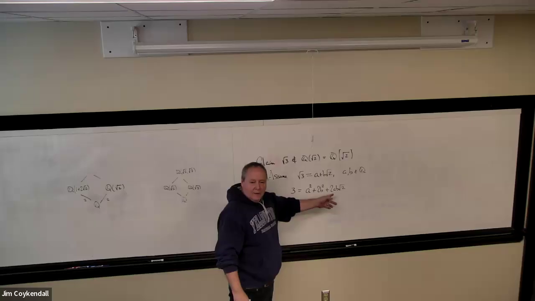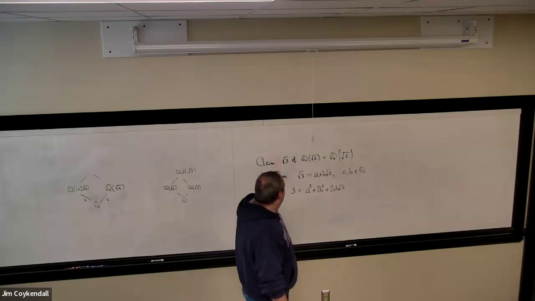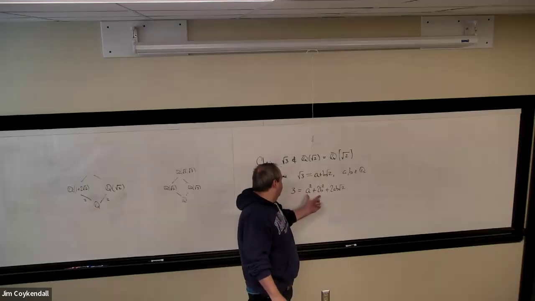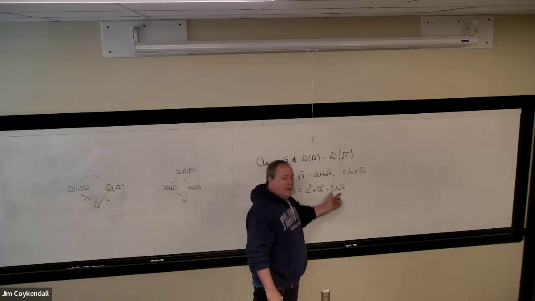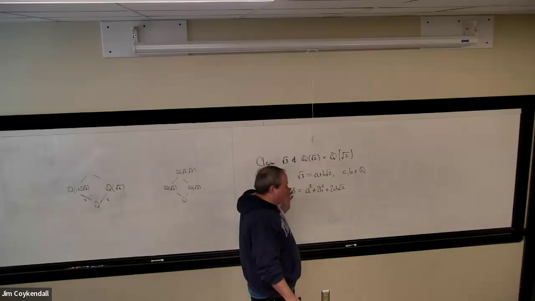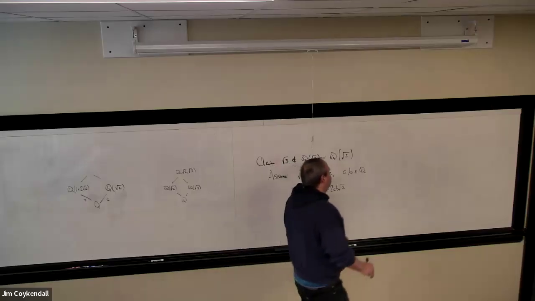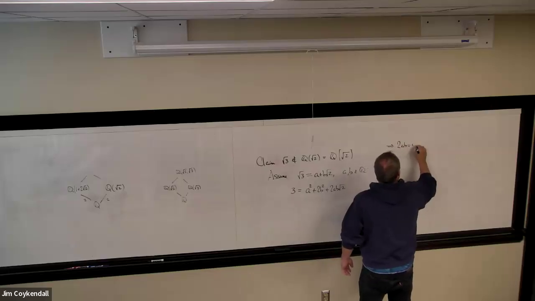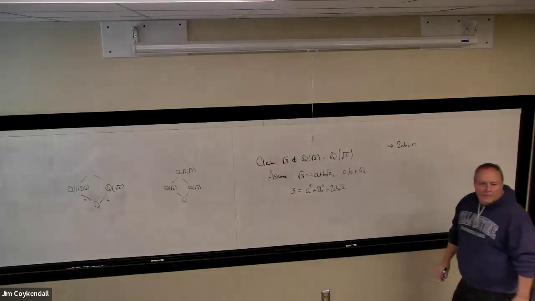And the set {1, radical two} is a linearly independent set over Q. So you can think of this as zero equals this big fat rational number, this thing minus three, plus two ab times radical two. Because that's a basis, this implies two ab equals zero.